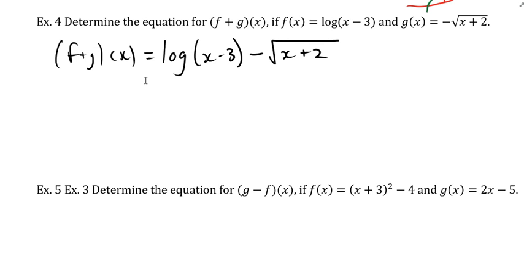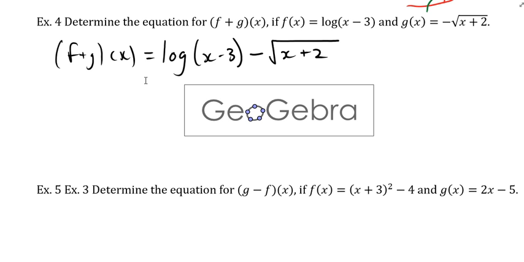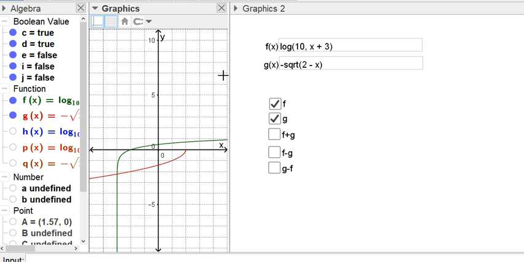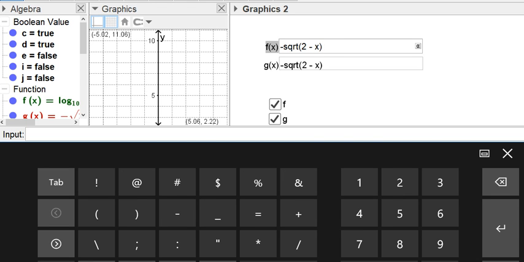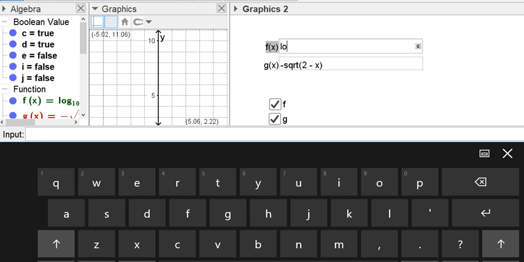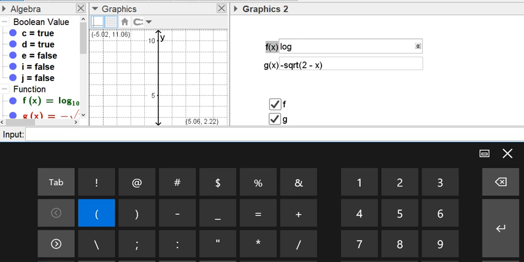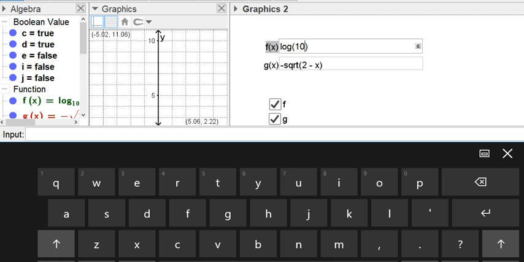There we go. Let's see what that looks like. Log of x minus 3. There it is, log of x minus 3. Uh-oh. Oh, this is going to be hard. Might have to do it after. Log bracket, this is just how GeoGebra does things.